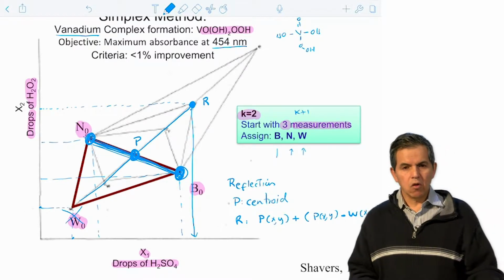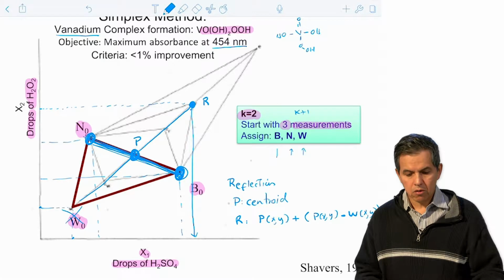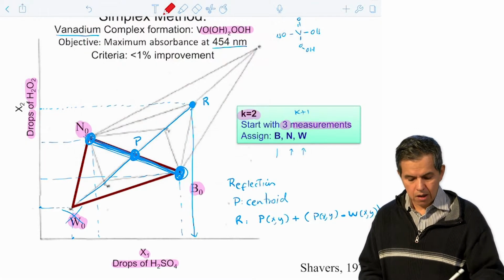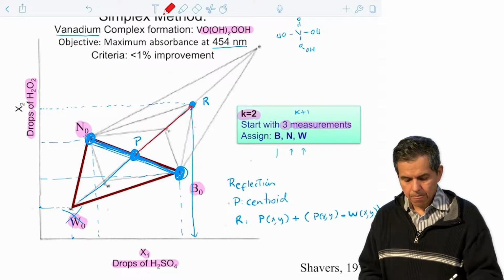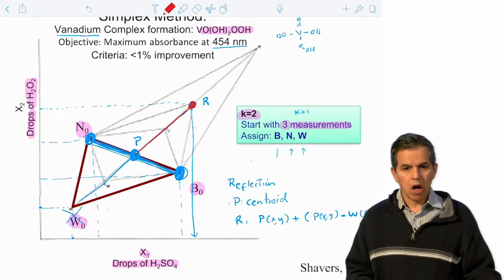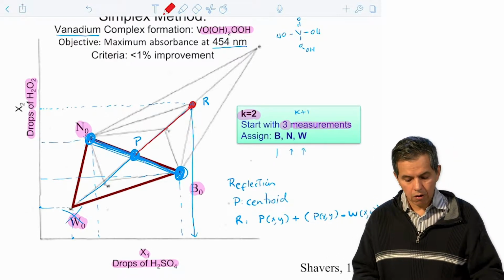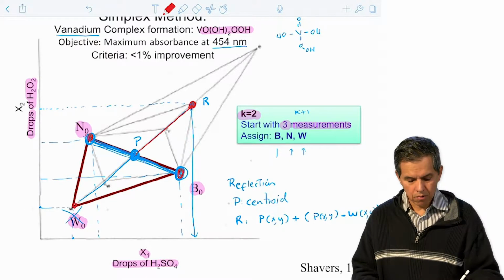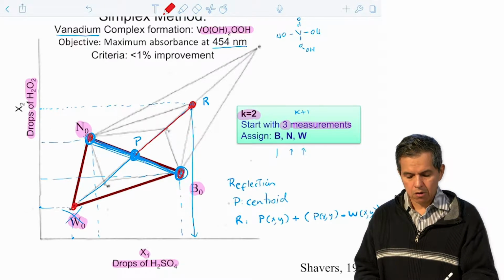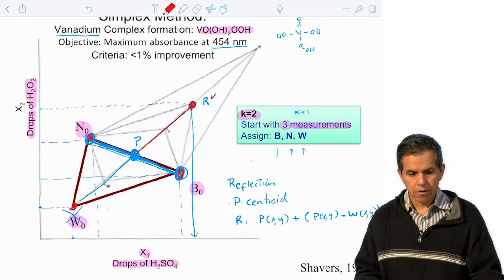Even though this is a generic expression, it represents the same process that we had here, which was basically moving away from the worst and going towards R. So mathematically, if we know the initial values of B, N, and W, we can predict what should be the new measurement of R, or the point R here.